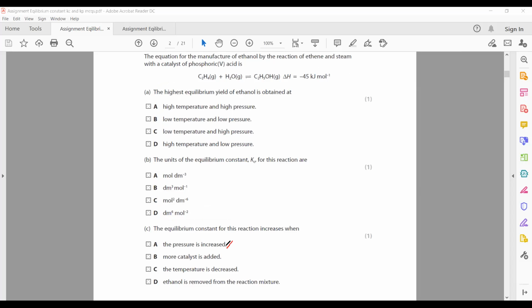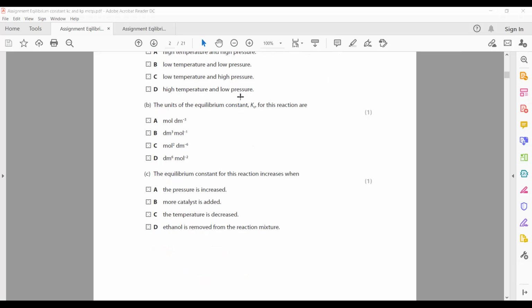Pressure won't affect, catalyst does not affect, changing the concentration does not affect. So the only thing which affects it is the temperature. Because for an endothermic reaction, an increase in temperature increases the value of Kc or Kp, and for an exothermic reaction, decreasing the temperature increases the value.